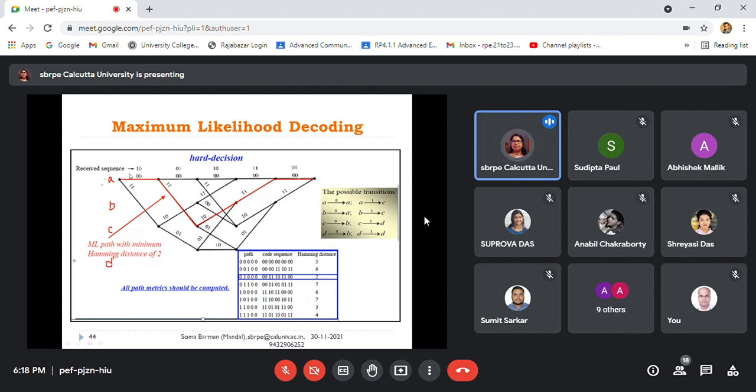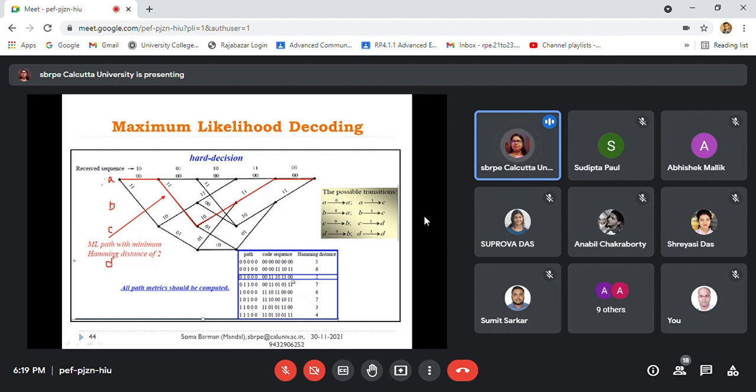So the first bit: the 0 0 to 1 1 transition is the lower one, that means the bit is 1. 1 1 to 1 0, that is the upper one. Upper one means the 0 bit. Then 1 0 to 1 1, that is also a 0 bit.